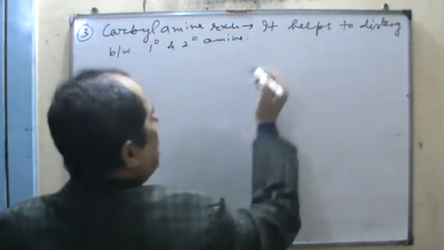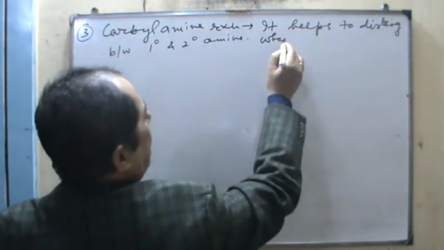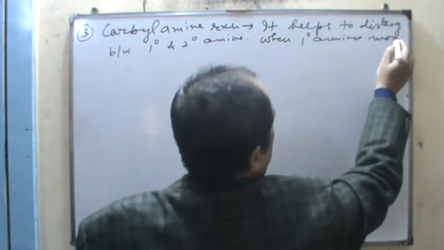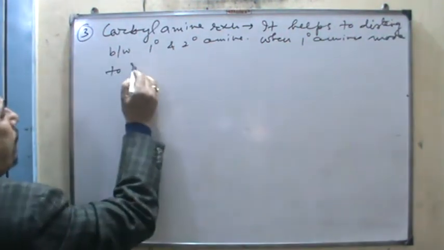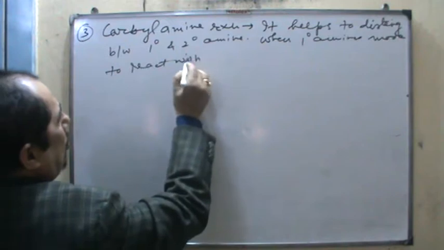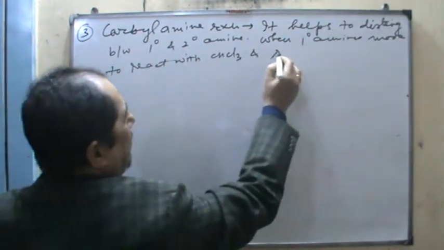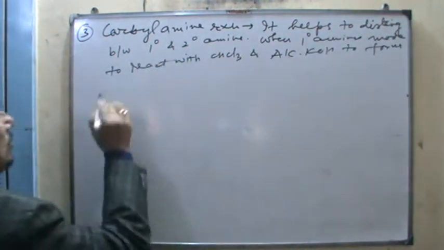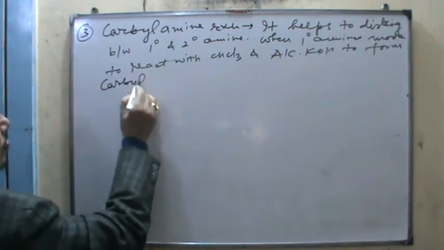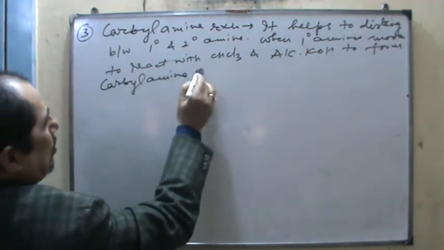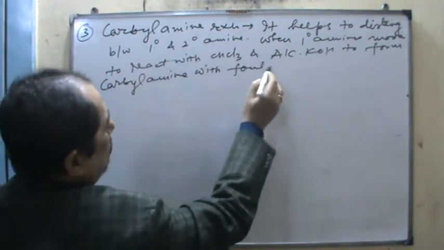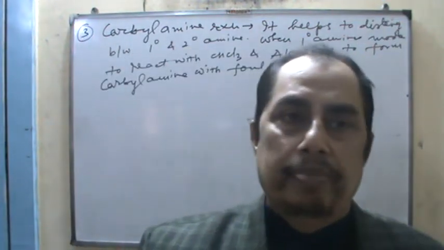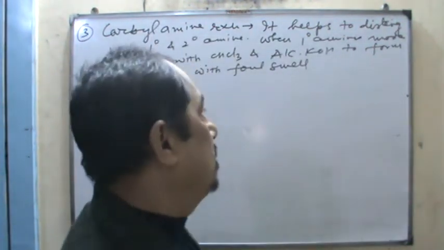Now when 1 degree amine is made to react with chloroform and alcoholic KOH, it forms carbylamine with foul smell, unpleasant, offensive smell, which confirms the presence of primary amine.